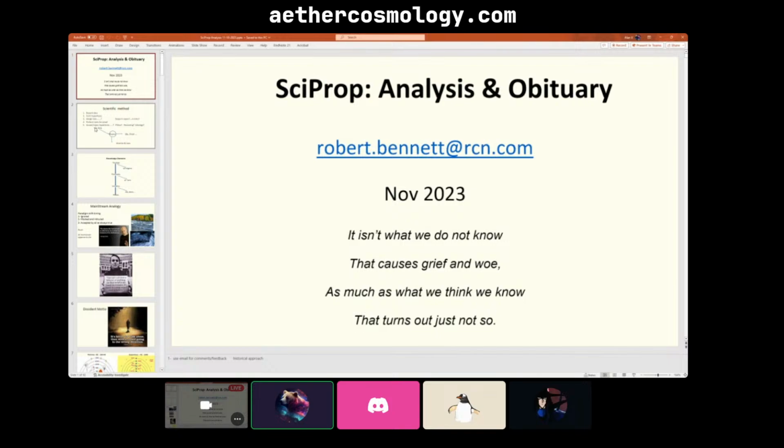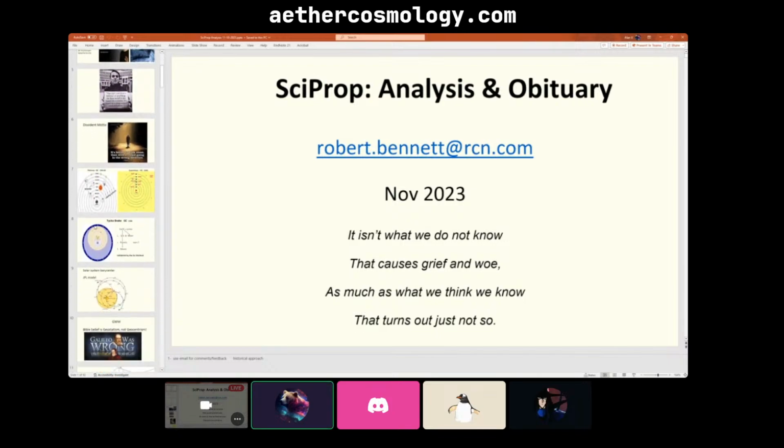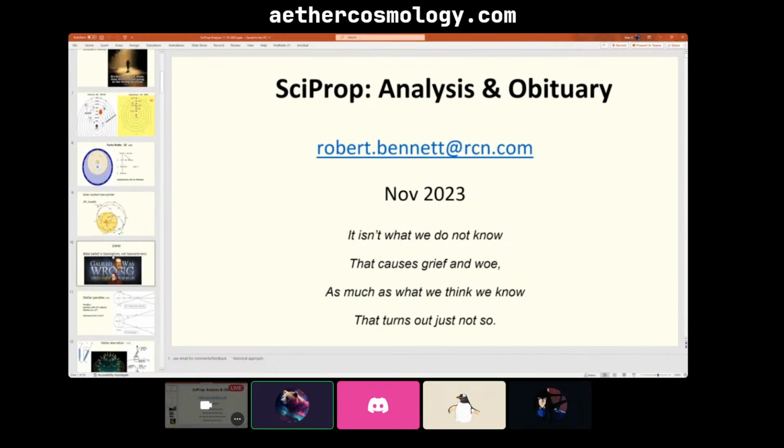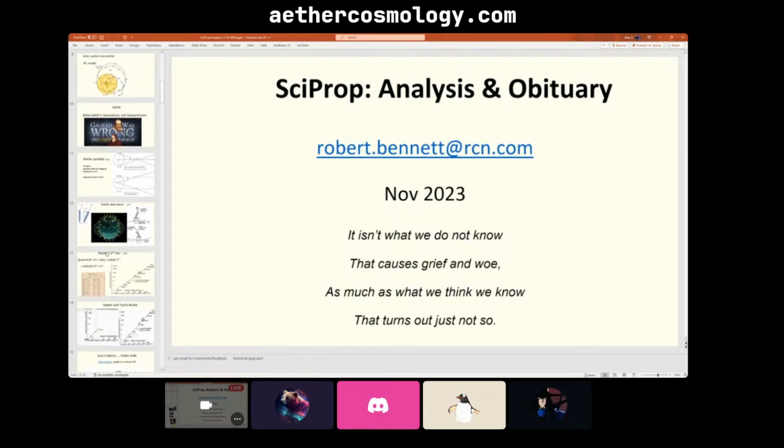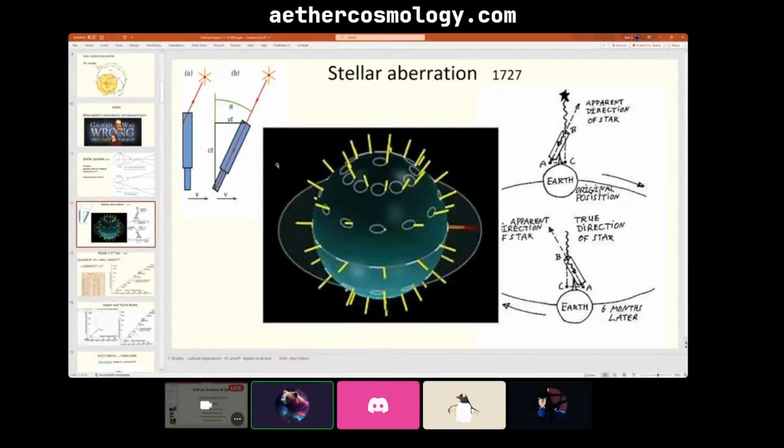So, first order of business. For stellar aberration, you actually had a slide missing on your end. So we should do the stellar aberration explanation real quick, if you don't mind.